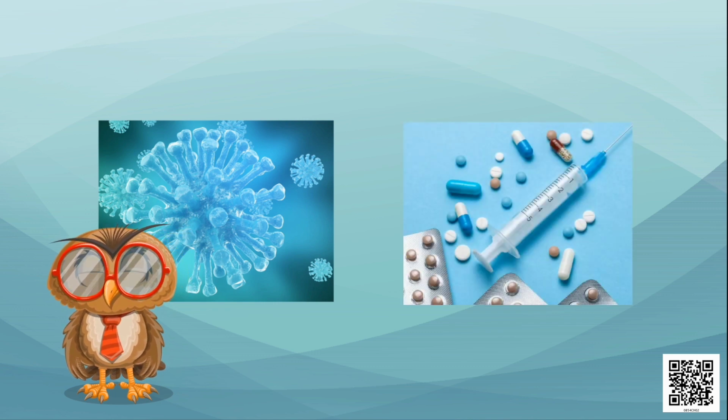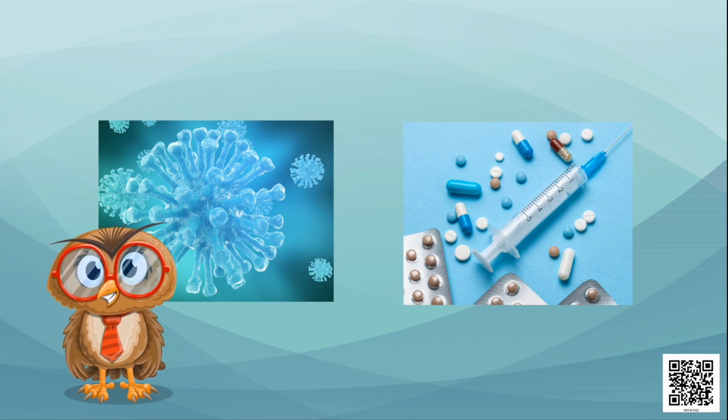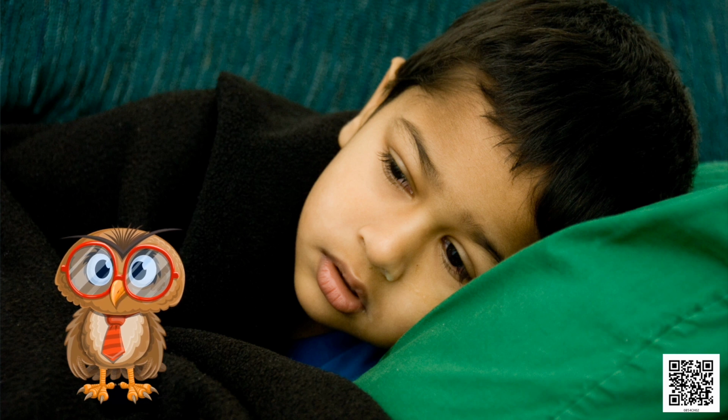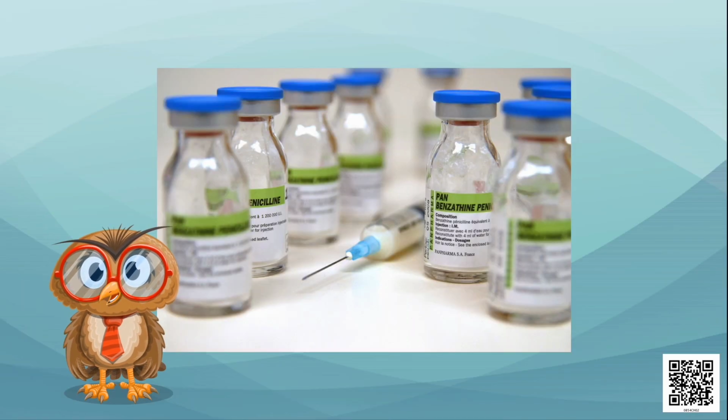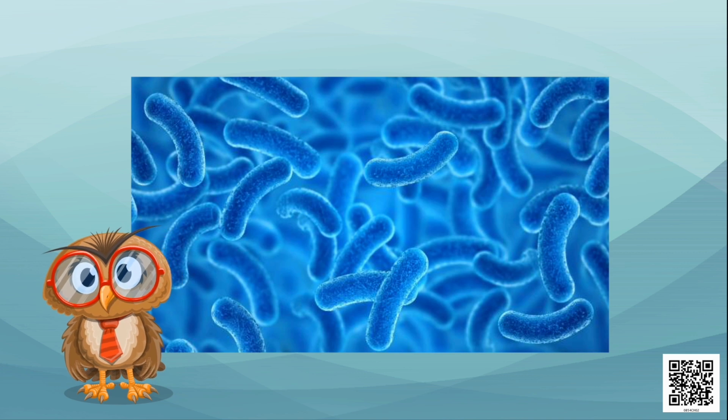Some microorganisms are of medicinal use also. Students, whenever you fall ill, the doctor may give you some antibiotic tablets, capsule, or injection, such as penicillin. The sources of these medicines is microorganisms.